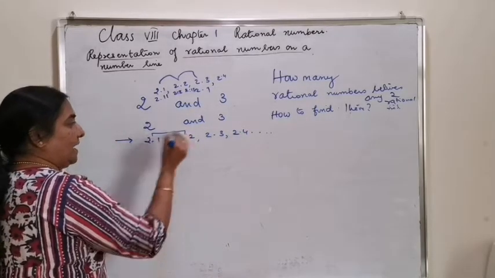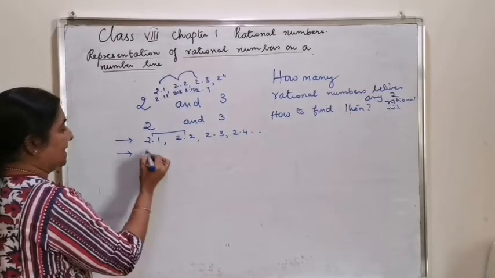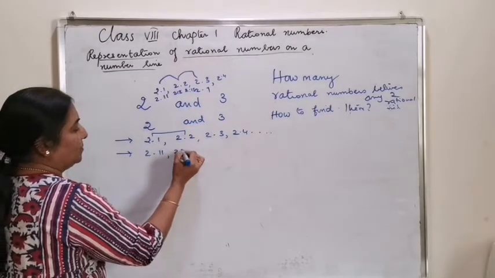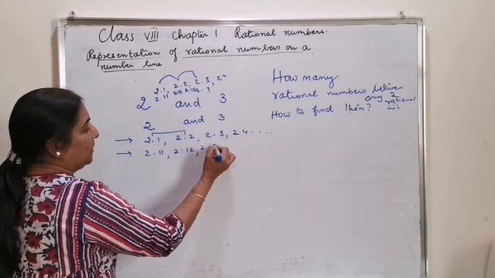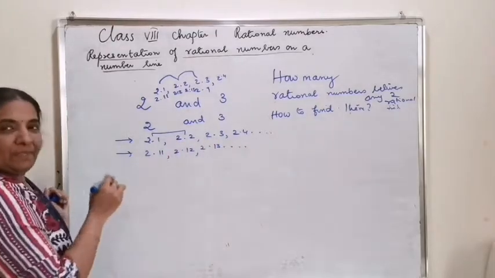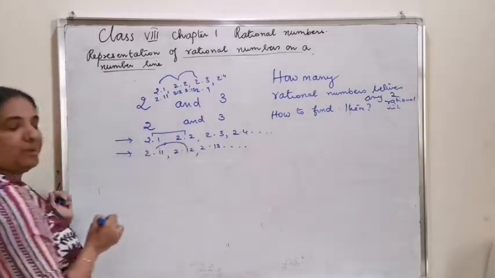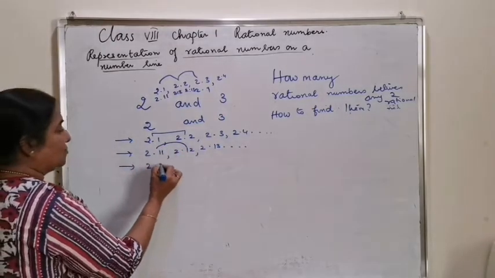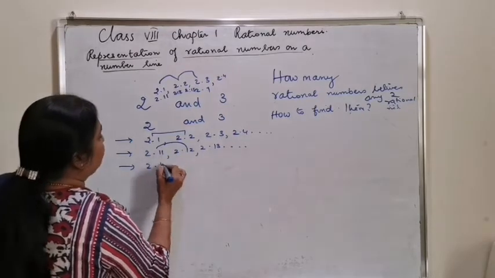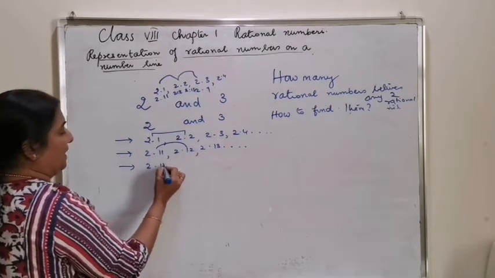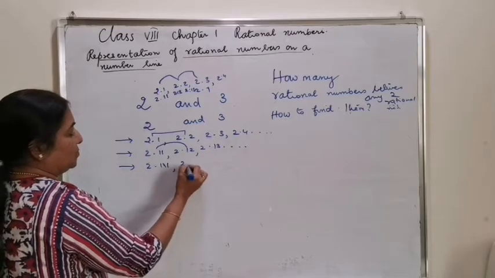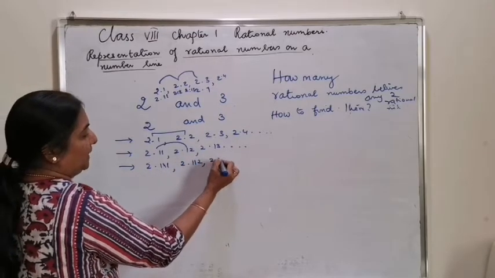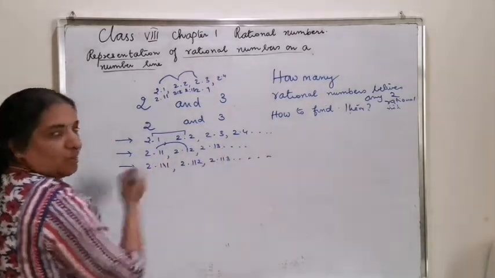Between 2.1 and 2.2, the simple division can be 2.11, 2.12, 2.13 and so on. Between 2.11 and 2.12 can be 2.111, 2.112, 2.113 and so on.